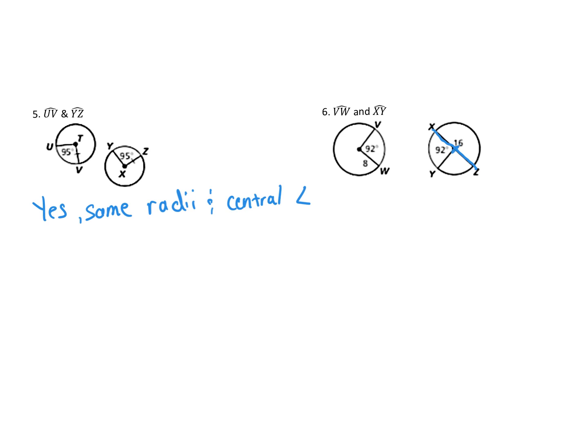So the radius is half the diameter, so this is 8. So they both have 8 as a radius and 92 as the central angle. So this is actually a yes. Same radii and central angle. And that is it.